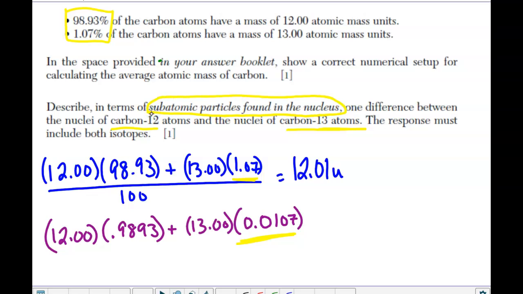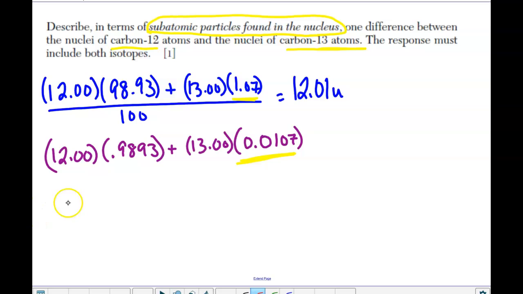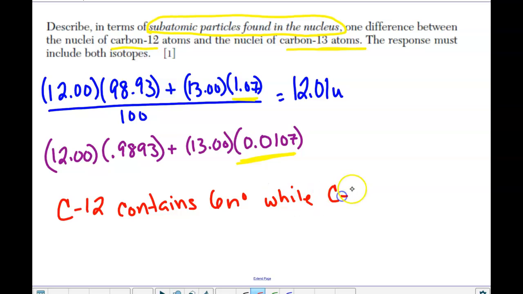So you can say that carbon-12 and carbon-13 have a different number of neutrons, or you can be very specific, and you can say that carbon-12 contains 6 neutrons, while carbon-13 contains 7 neutrons. All right, you can say that carbon-12 has fewer neutrons than carbon-13, or that they have a different number, or you can be very specific. All of those would be correct answers.